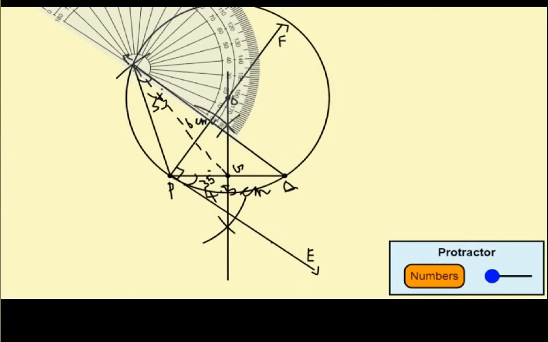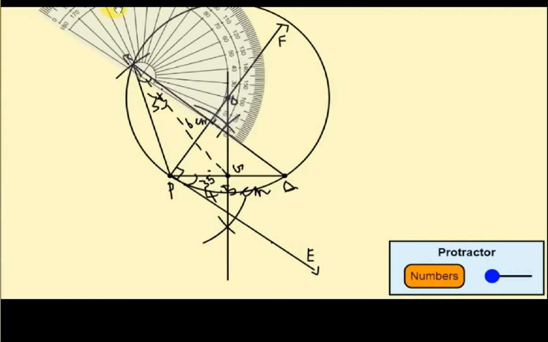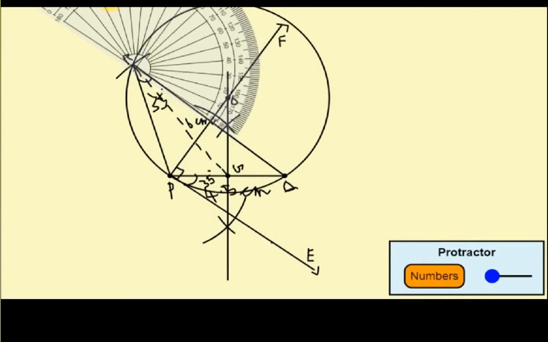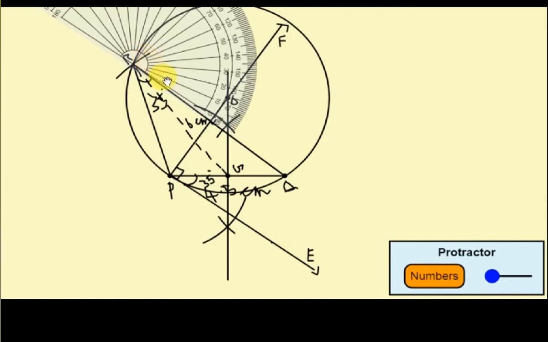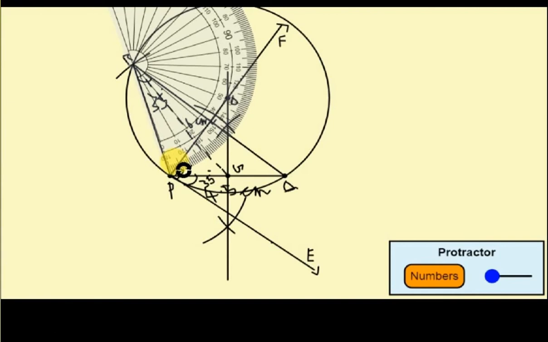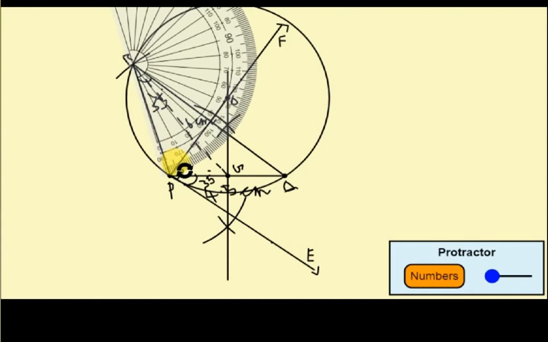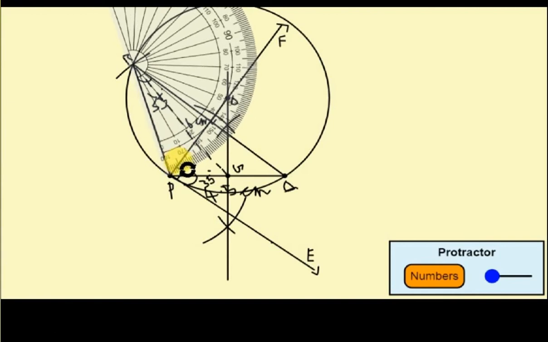Now we are going to check whether it is coming as 35 degree or not. For that we place our protractor on point R. You should place your protractor on point R to point P, because PQR is our triangle. Now we want to find whether the line RP gives 35 degree.